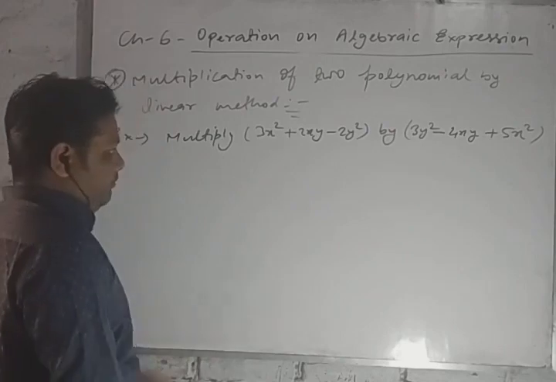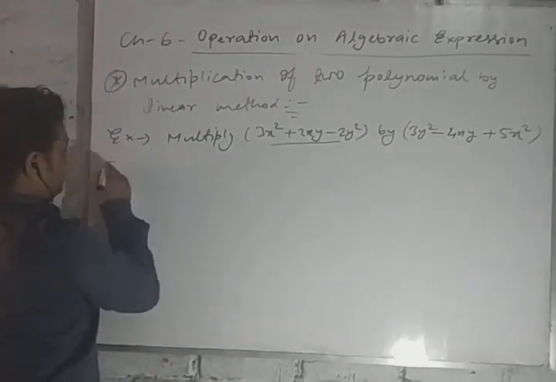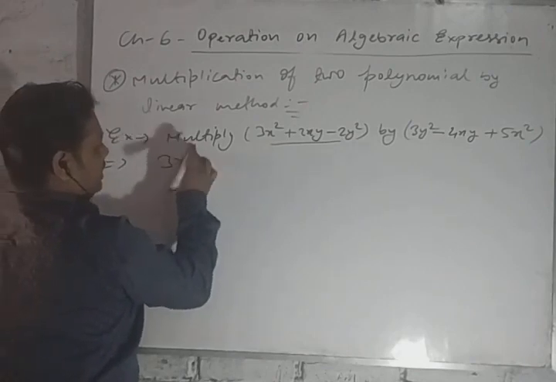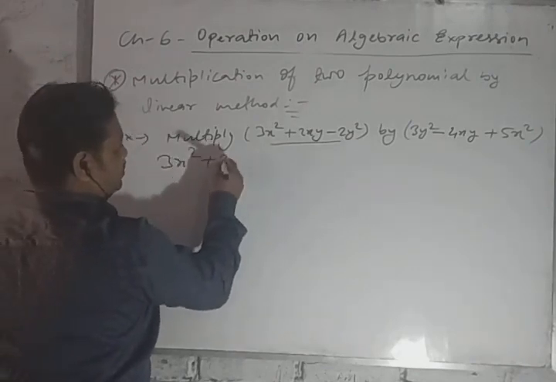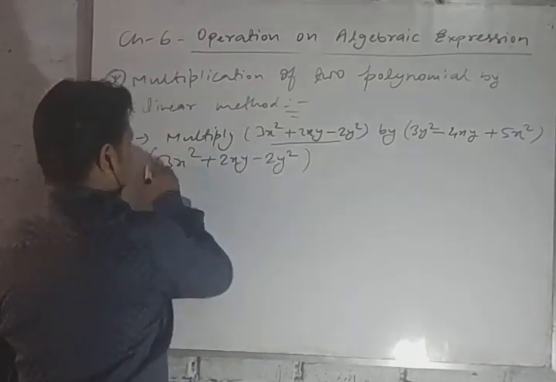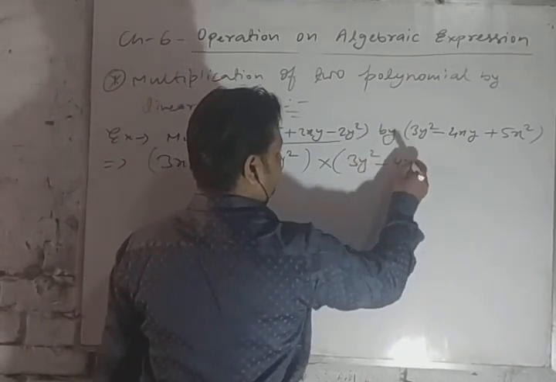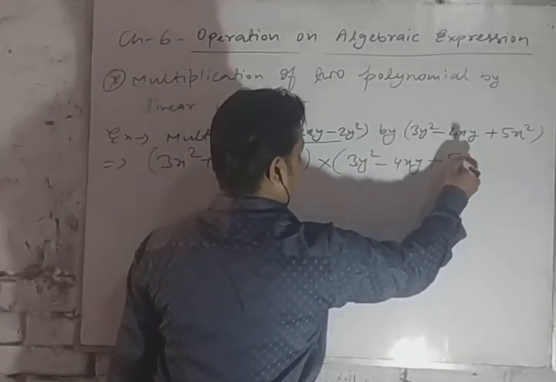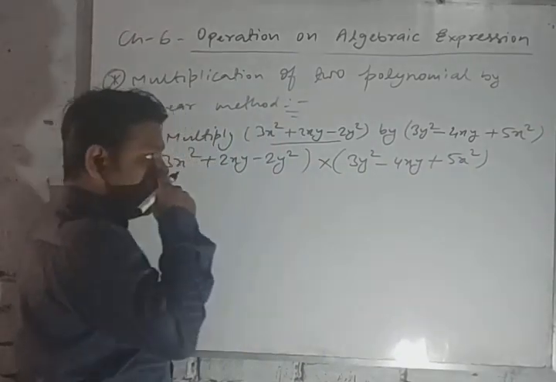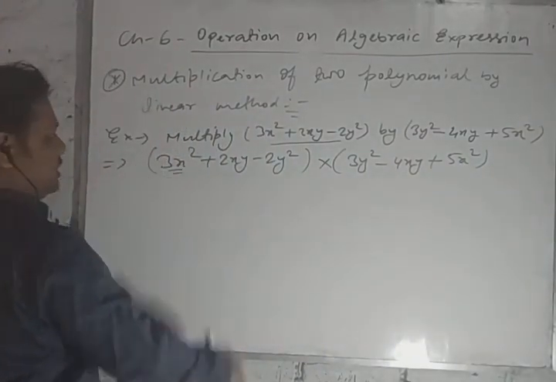Now we will multiply each term of the first polynomial with the second. So at first we will write 3x square plus 2xy minus 2y square into 3y square minus 4xy plus 5x square. We will apply the same steps.